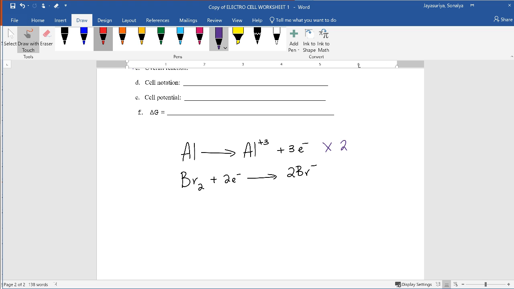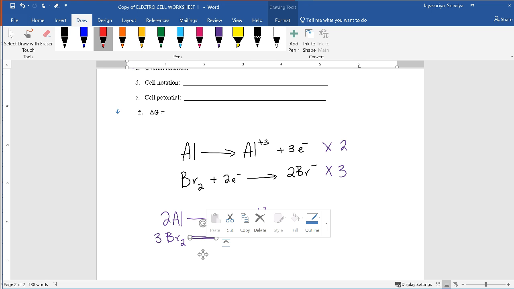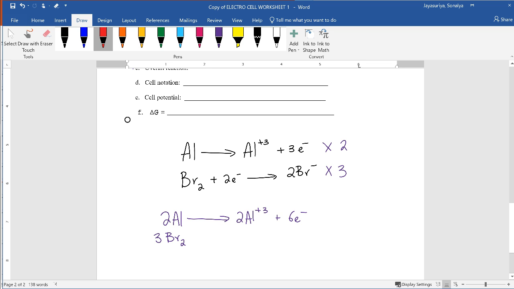So multiply this by 2, multiply this by 3, and then we will get 2Al going to 2Al 3 plus plus 6 electrons, and we will get 3Br2 plus 6 electrons. 3 times 2 is 6 electrons going to 2 times 3, 6 bromides.